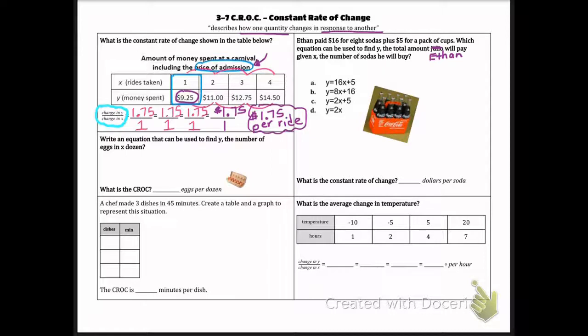So he paid $16 for 8 sodas plus $5 for a pack of cups. To be careful here, he didn't pay $16 per soda. It was $16 for 8 sodas.